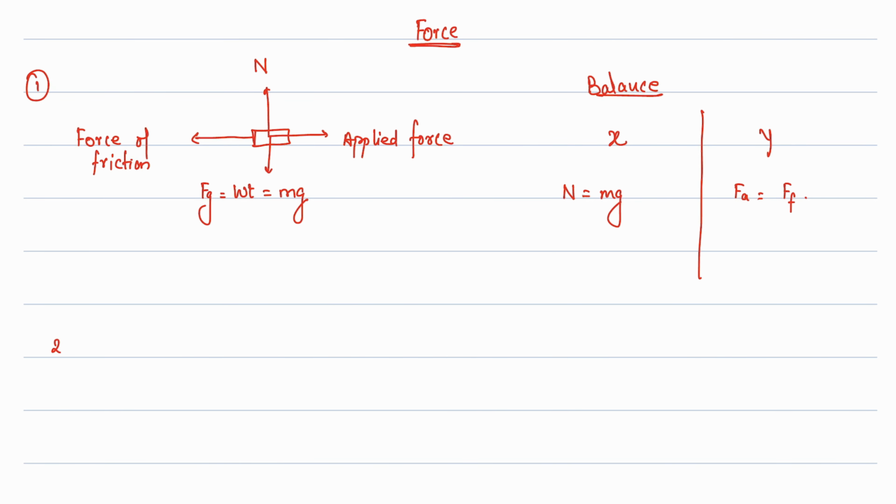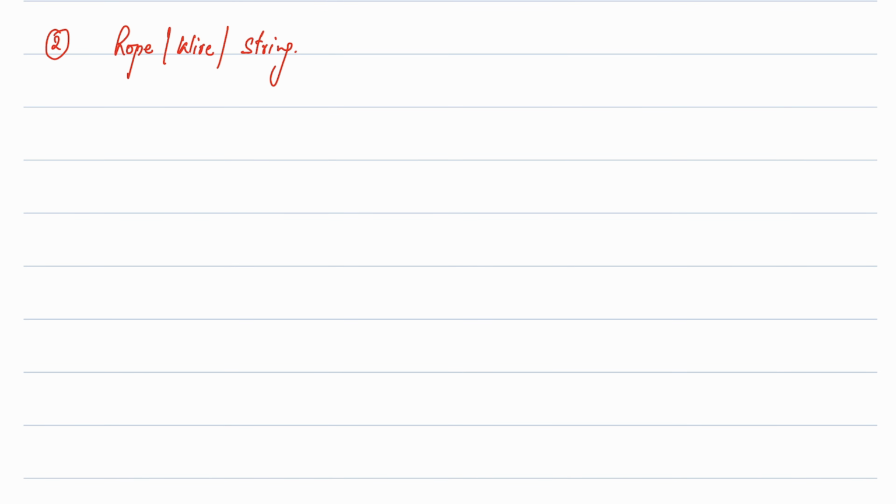Case 2, rope case. Rope, wire, string, all these types of forces. Let's say there is a body and you have a rope pulling it. So this is the wire. You need to break the angles here.